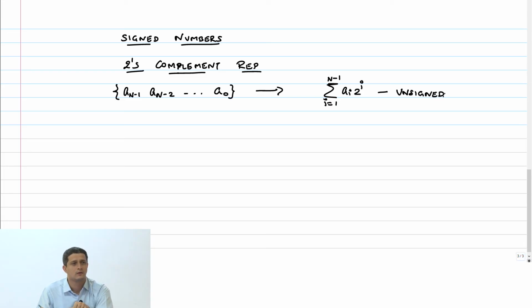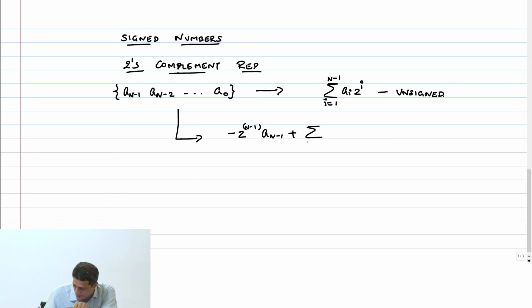Correct? But if it is a signed number, the 2's complement representation is the following. I will write this as minus 2 power n minus 1 times a_{n-1} plus the summation for i equal to 0 to n minus 2 of a_i times 2 power i.